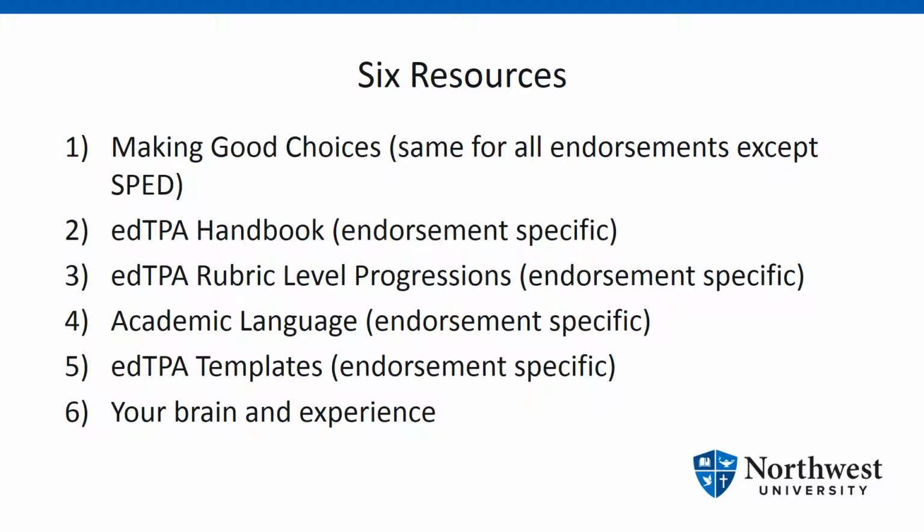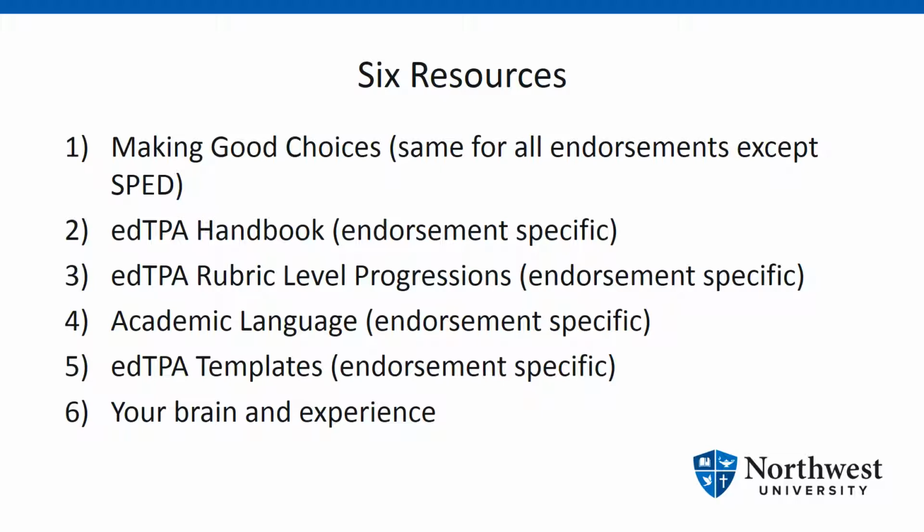So if you are doing elementary math or elementary literacy or secondary science or fine and performing arts, you will all look at the same Making Good Choices document. However, if you are doing special education, you have a specific document for you, and it actually says Making Good Choices in Special Education. So just make sure you're looking at the proper document.